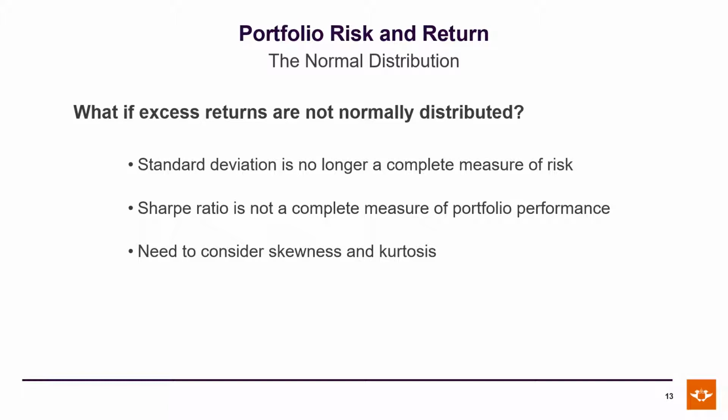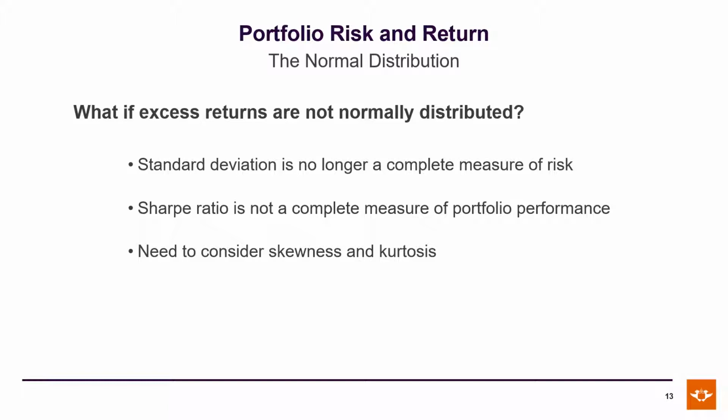And now we need to start looking at not a symmetric distribution, but we need to start looking at skewness, because the distribution can be skewed either to the right or to the left, and kurtosis. Kurtosis is peakedness. In other words, how high is the peak on the distribution? So is it peaked and clustered around the mean, or is it flat and skewed either to one side or the other with fat tails?